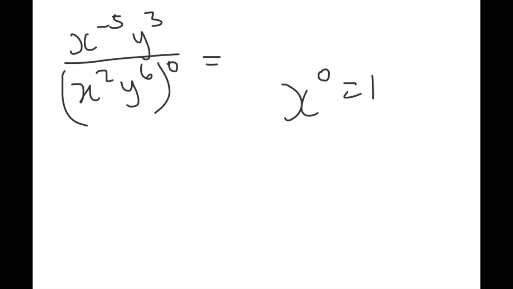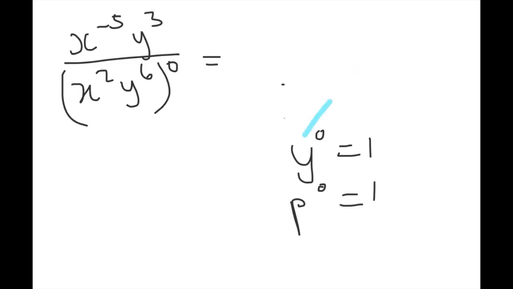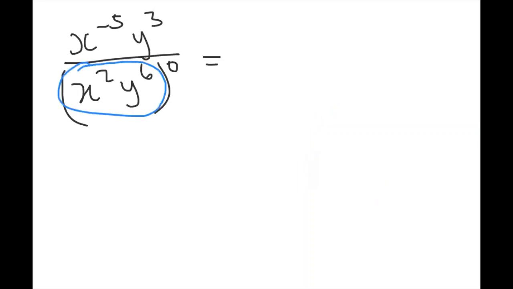Anything to the power 0 equals 1: y to the power 0 equals 1, p to the power 0 equals 1. If we do that, this part at the bottom is inside a bracket, and all of that to the power 0 will give you 1.